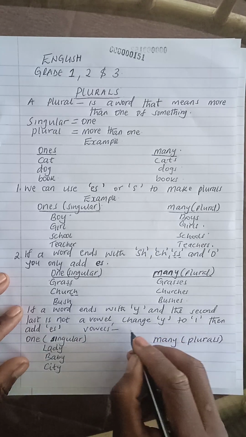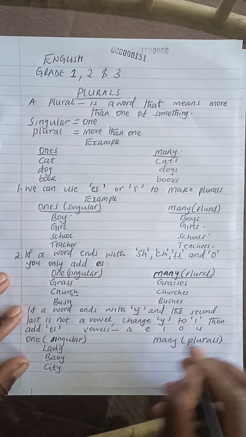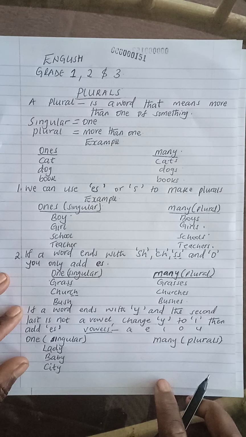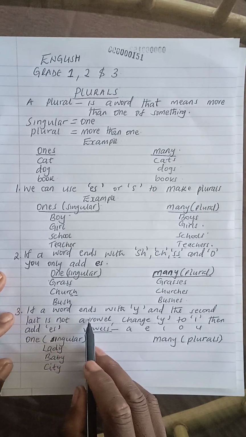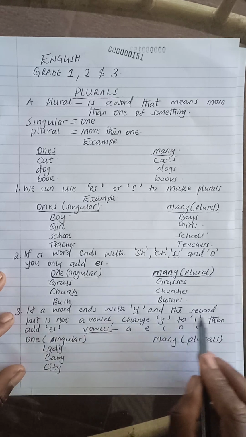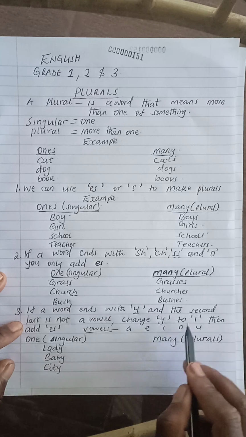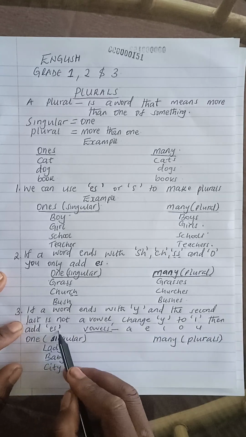Examples of vowels are a, e, i, o, u. These are vowels. So they have said, if a word ends with Y and the second last letter is not a vowel, change Y into I, then add ES.